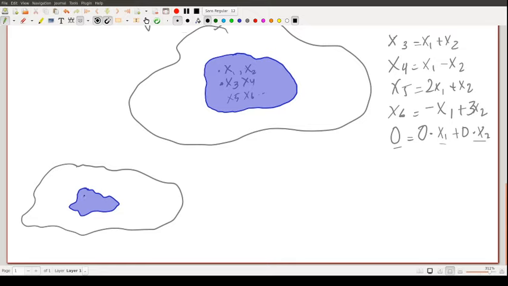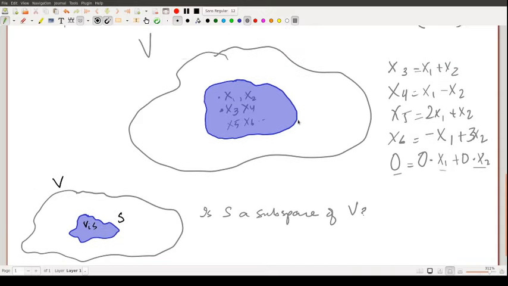So let's suppose there are some vectors vi in this space, and you're supposed to check. Let's suppose this is S and this is V, and you're asked the question, is S a subspace of V?